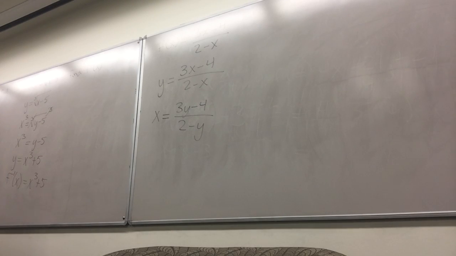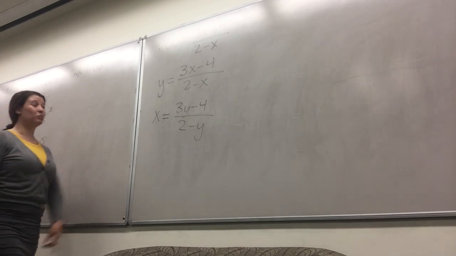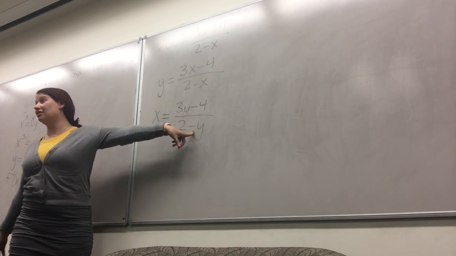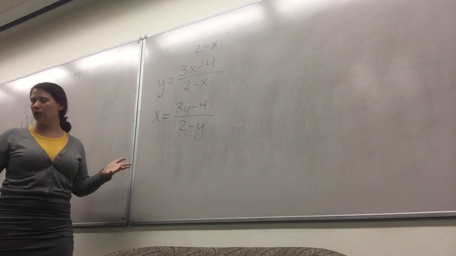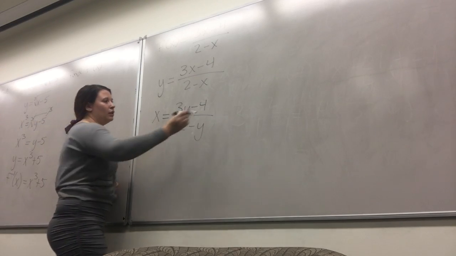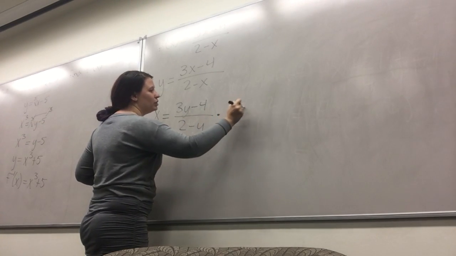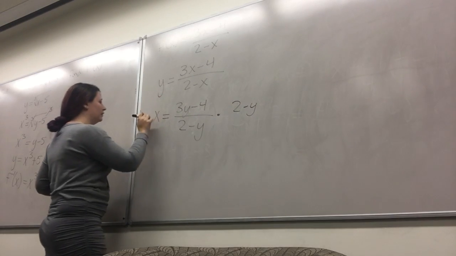Solve it. However, we have y's in multiple places. We really don't like that this y is in the denominator, so let's move it. How do we move something out of the denominator? Multiply by it, right? We want to multiply both sides by 2 minus y.